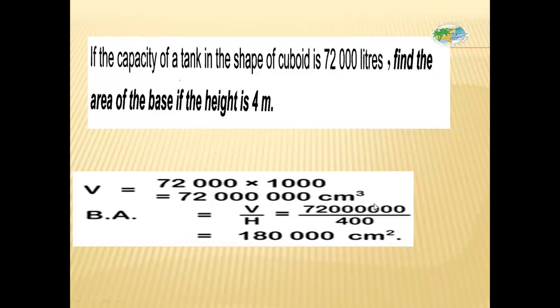The base area equals volume over height, 72 million over 400. We change this measure into centimeter by multiplying by 100. Volume over height equals 180,000 centimeter square.